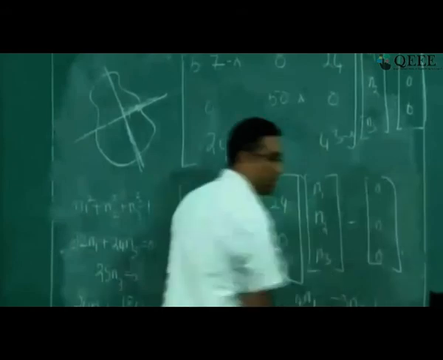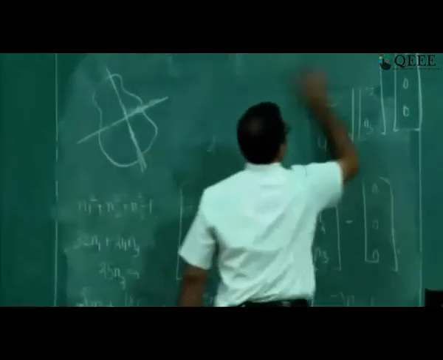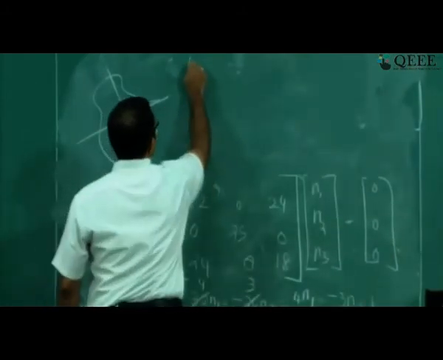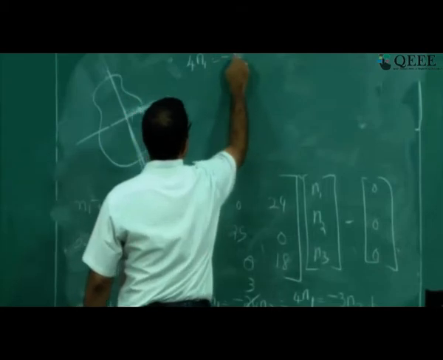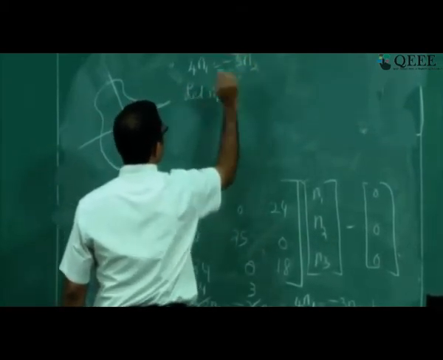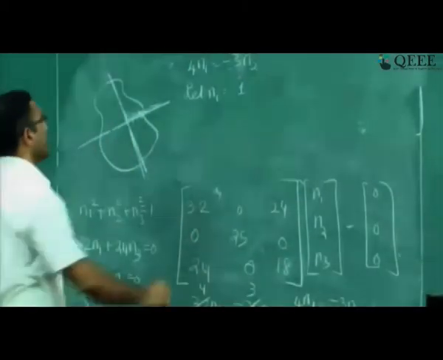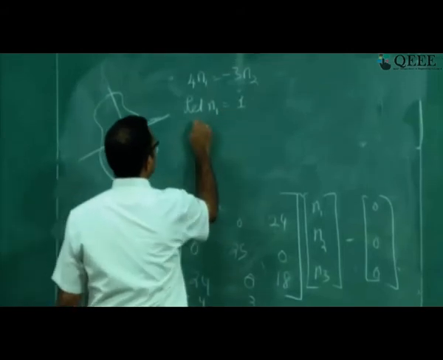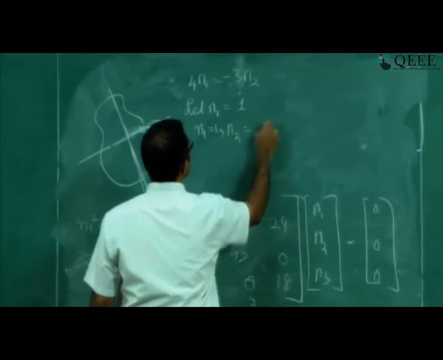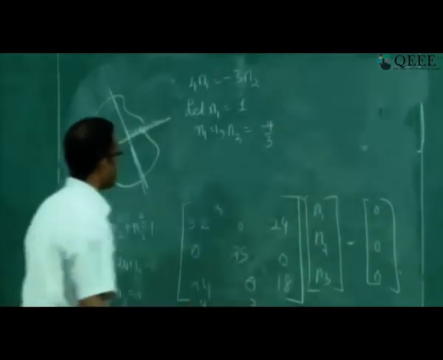So what this means is, you may assume n1 arbitrarily to be 1, because n1 is just the direction cosine, right? You can always find it out. So n1 is 1, then if n1 is 1, n3 has to be equal to minus 4 by 3, that's it, minus 4 by 3.